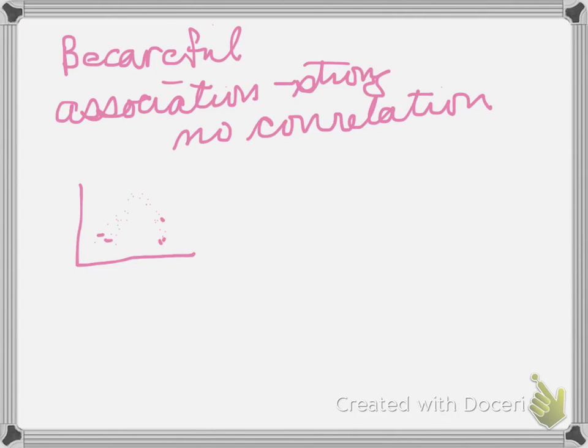Hopefully you can see my dots. And do you see that the dots are all very close to each other? So this has a strong association. But what can you tell me about the correlation? My dots form a concave down parabola. All right, so therefore it's quadratic. And what does correlation have to be? It has to be linear. So there is no correlation. So you've got to be careful with this. Would I do this to you? What do you think? All right, so beware of my traps.